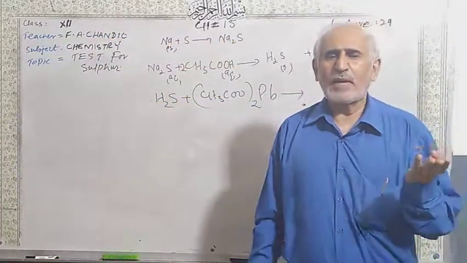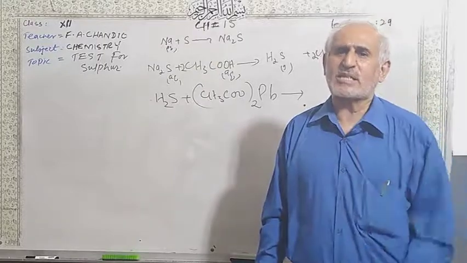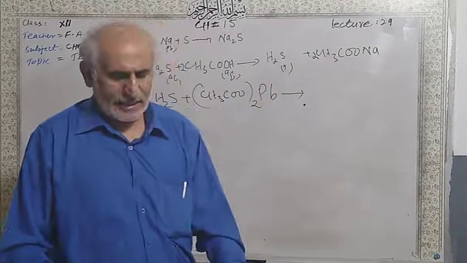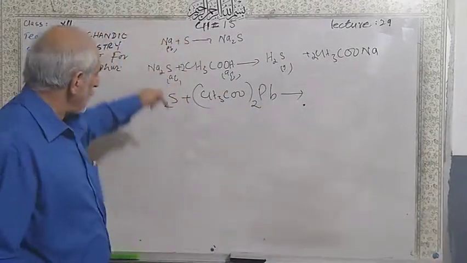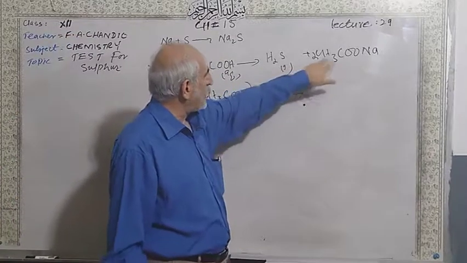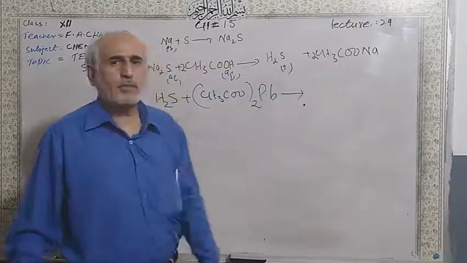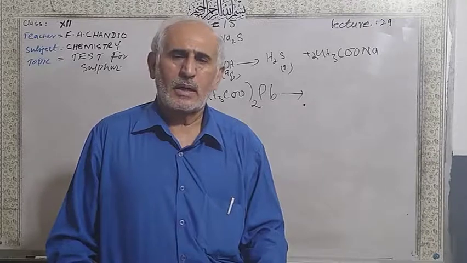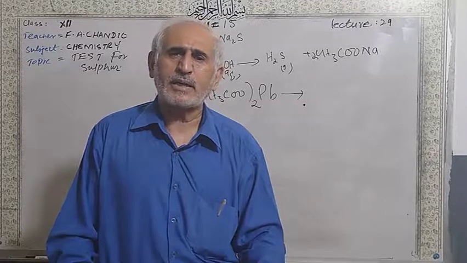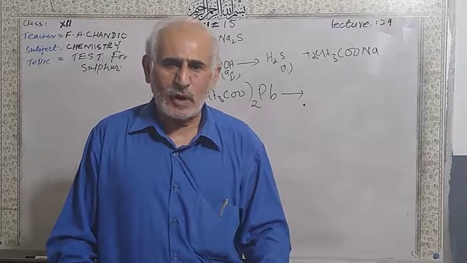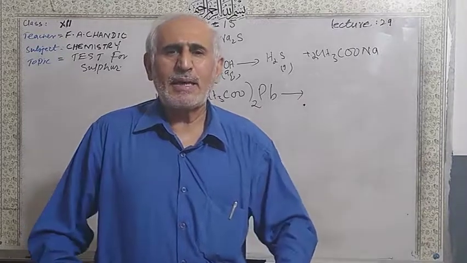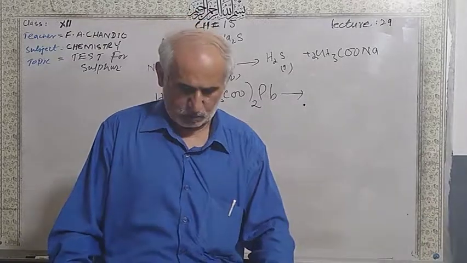In the laboratory we have lead acetate papers, small strips, just like newspaper. If you dip the lead acetate paper when the hydrogen sulfide is being formed, it turns black. The lead acetate paper turns black. It confirms that sulfur is present in the Lassaigne solution.